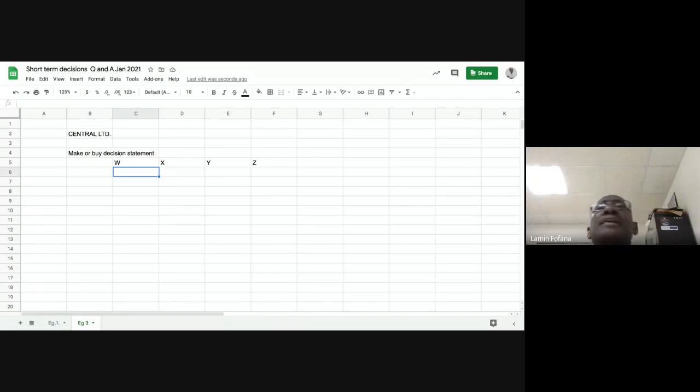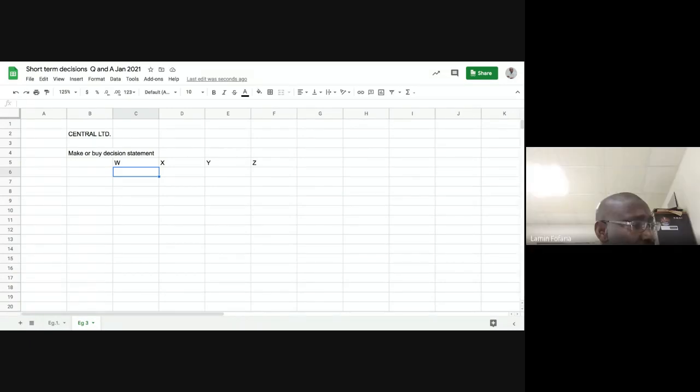The first thing we consider is the variable cost of making. This time, because we have been given units, we're going to find the total variable cost for each of them instead of the unit variable cost. In the question, we've been given the unit variable cost as 14, 17, 7, and 12. We're going to express this as total variable cost. That's the first thing we'll do.